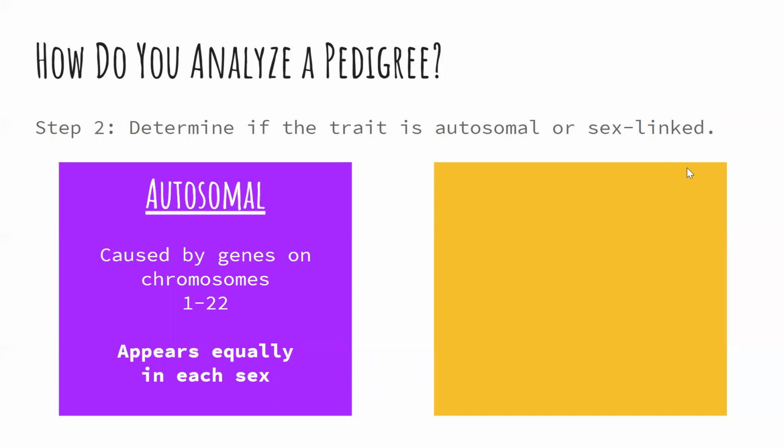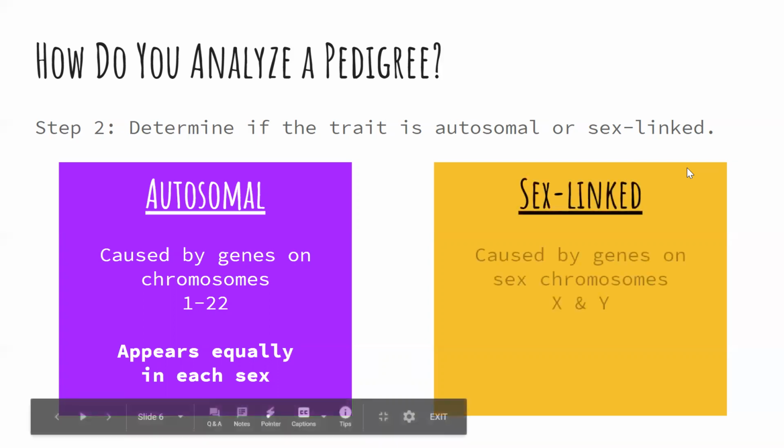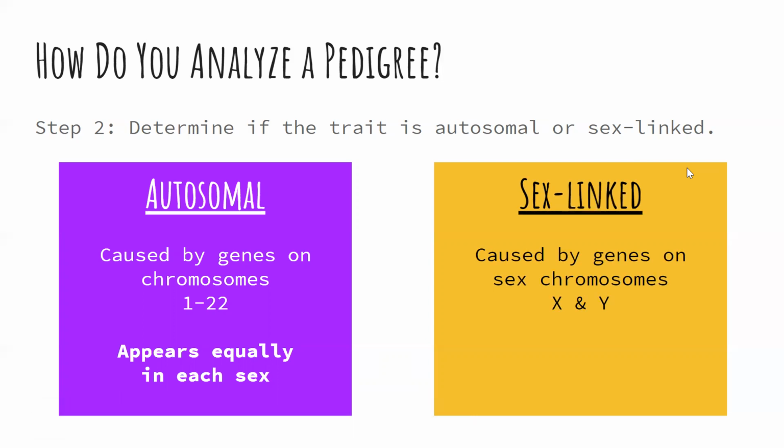Whereas if the trait is sex-linked, the trait or disorder is caused by genes on the sex chromosomes, which are the X and Y chromosomes, that 23rd chromosome that determines your sex. If the trait is on one of those chromosomes, either X or Y, it is determined to be a sex-linked trait.